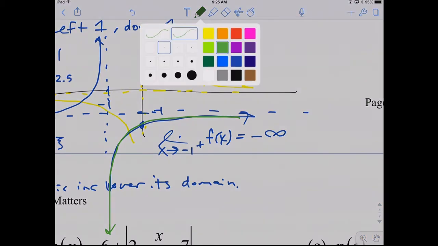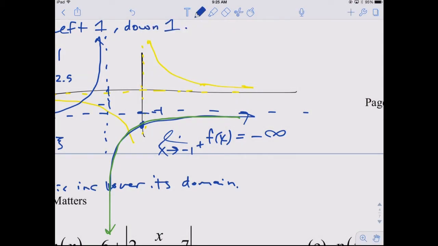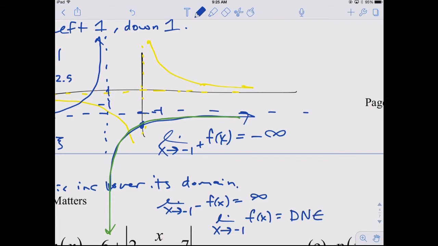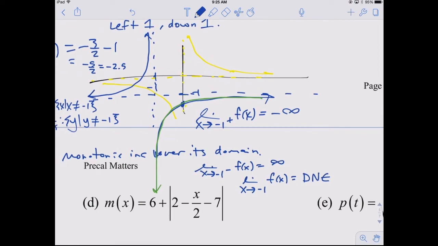What would be the limit from the other side? The limit as x approaches -1 from the left-hand side. Positive infinity, yeah. What would be the limit as we approach -1? The general limit. DNE, good. If it were going up on both sides, we could say infinity. If it were going down on both sides, we could say negative infinity. But the general limit has to be DNE because it's one of each.